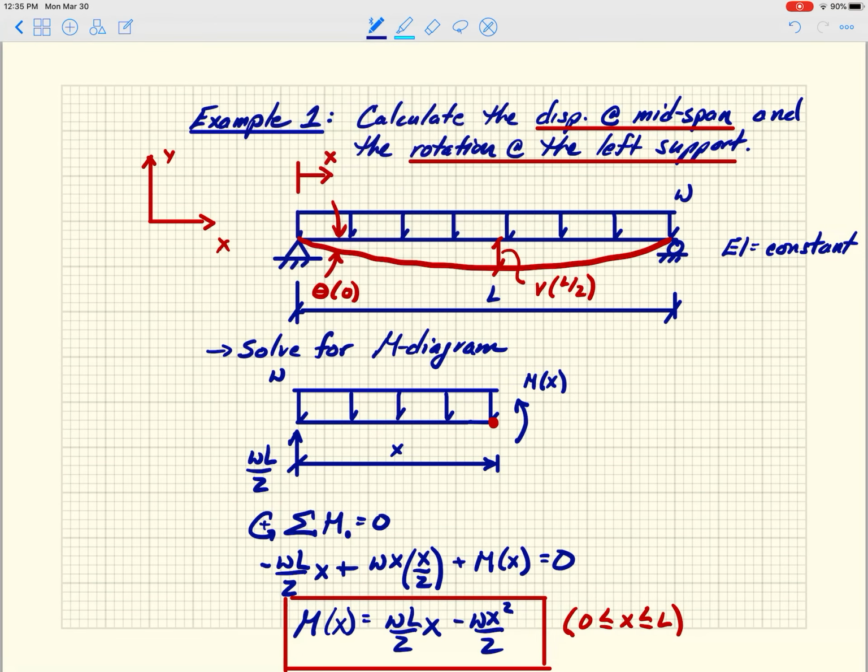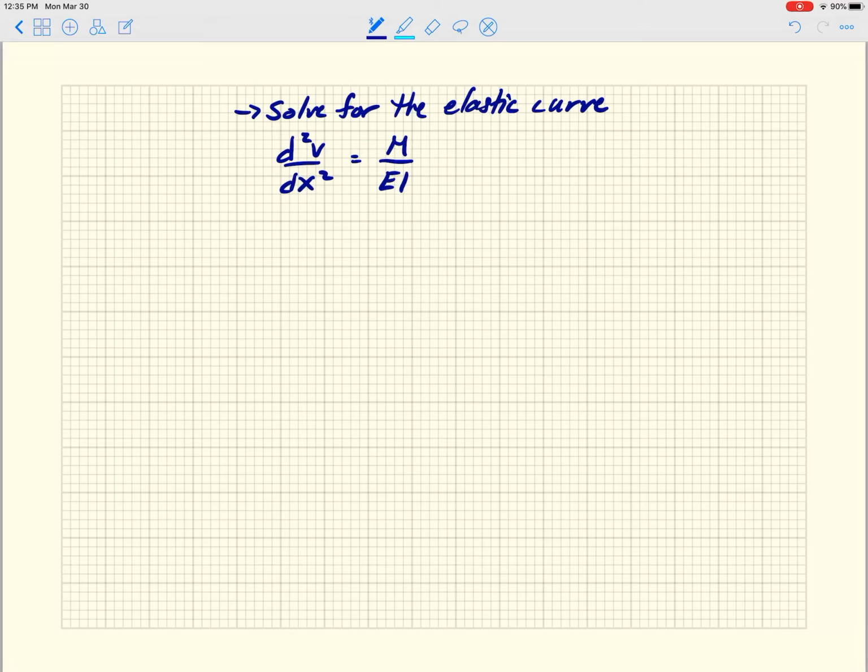So, moving on, we can now solve for the elastic curve, or deformed shape, whatever you want to say. So this is now d squared v dx squared, and that equals the moment divided by EI.